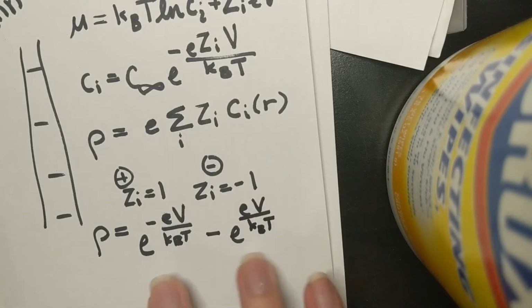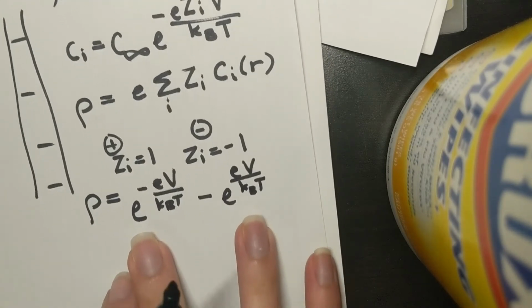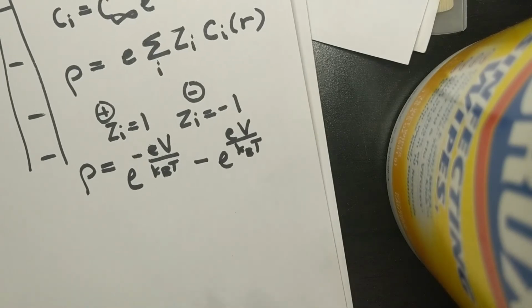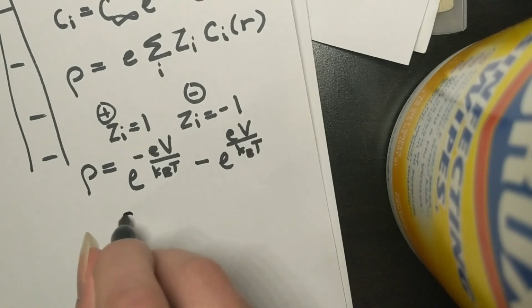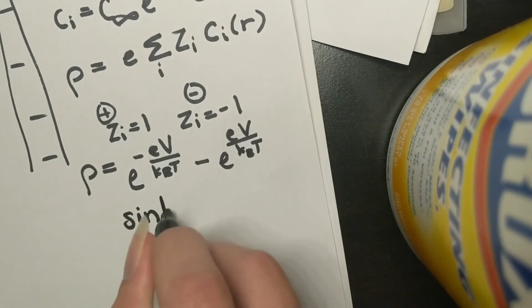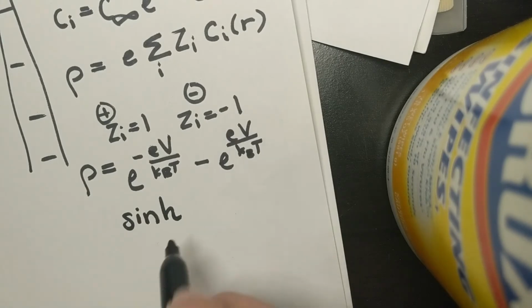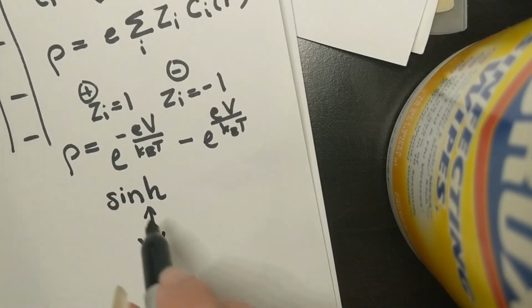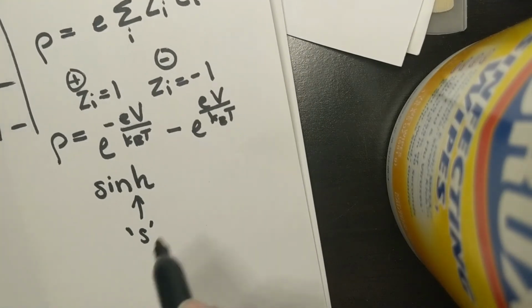Now, does this sort of exponential remind anyone of anything? That's right. It reminds us of the sinh function. Now, do we know why it's called sinh? I don't know, because there should really be an S there. So then you could call it cinch, but there's no S there.